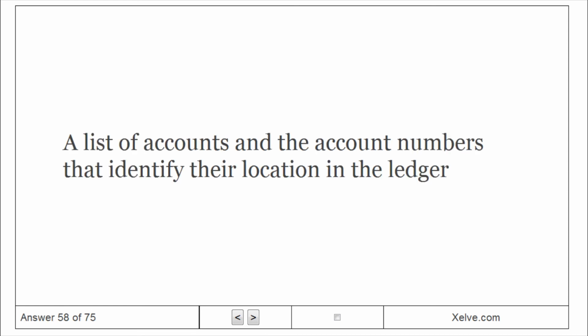Retained earnings: net income that is kept in the business. Chart of accounts: a list of accounts and the account numbers that identify their location in the ledger.